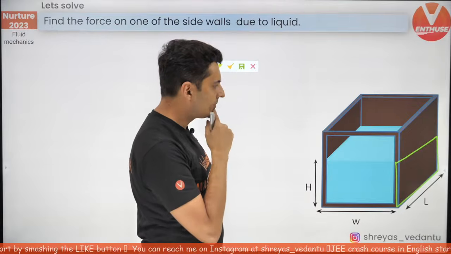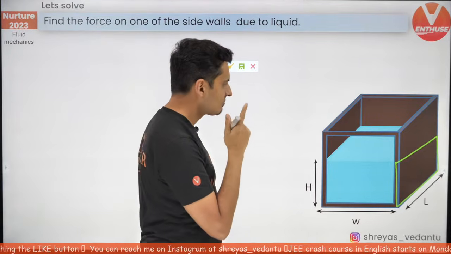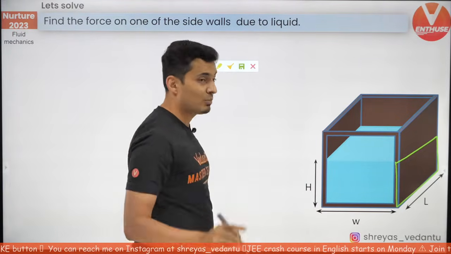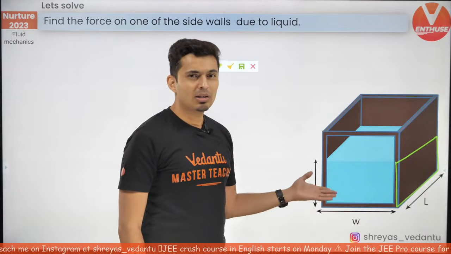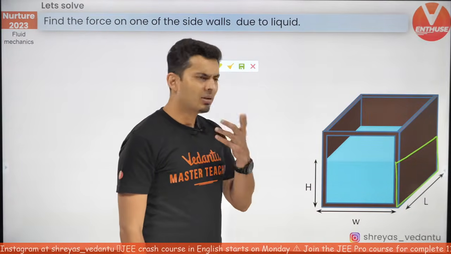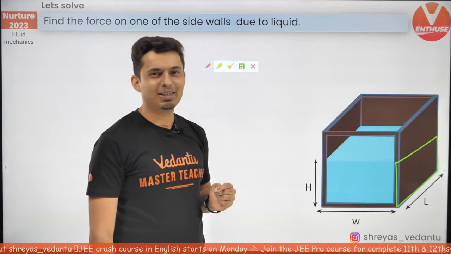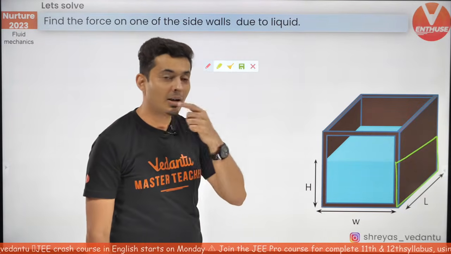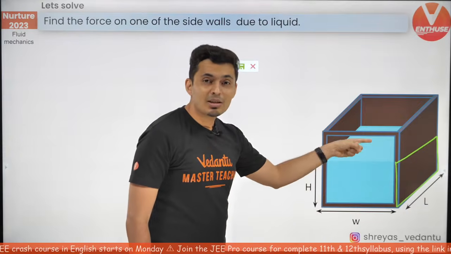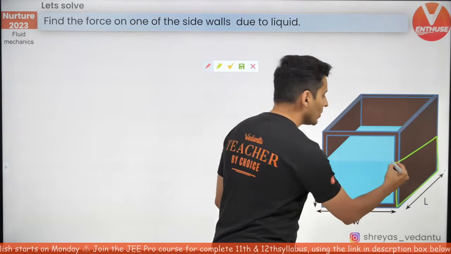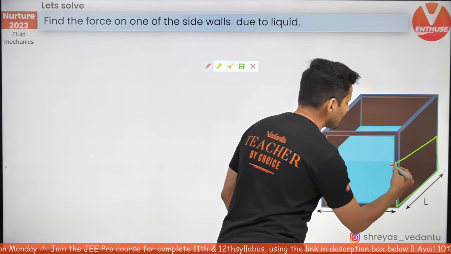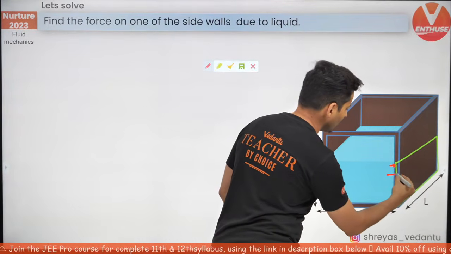Now I have a problem. You know what my problem is? My problem is I cannot say force on the wall is pressure into area. Why? The pressure is not the same. The pressure will change with depth, right? So over here the pressure is less, and at the bottom the pressure will be more.